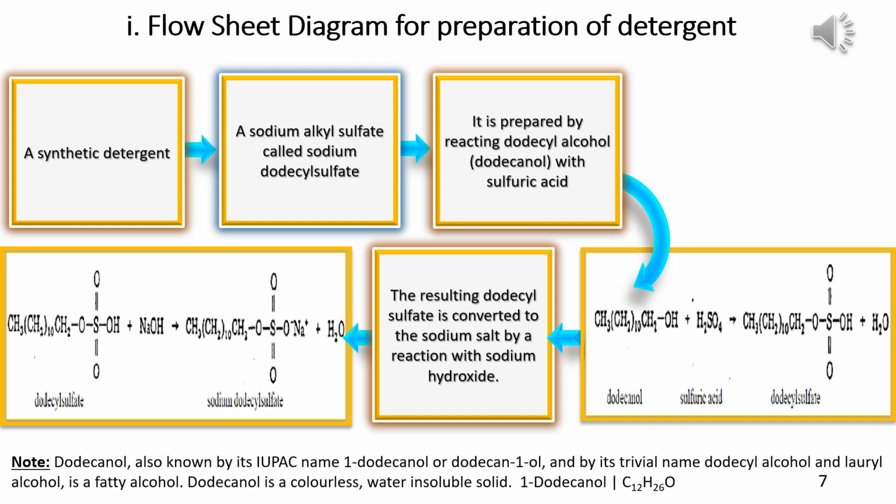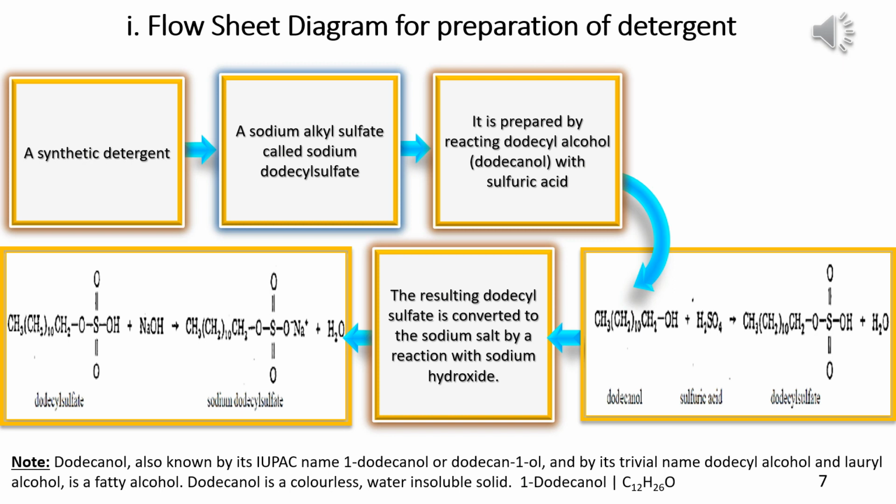Then we proceed to the next step. In the next step, the resulting 2-decyl sulfate is converted into the sodium salt by a reaction with sodium hydroxide. So the 2-decyl sulfate which is prepared is converted into sodium salt by the reaction of 2-decyl sulfate with sodium hydroxide.